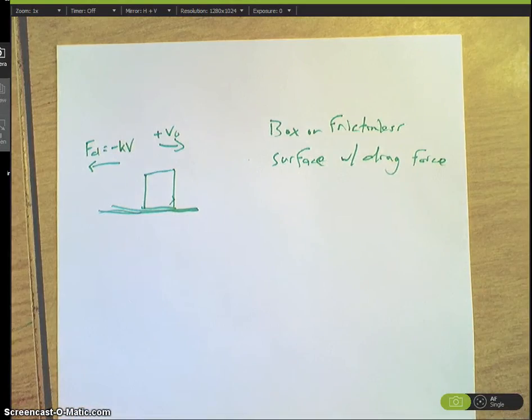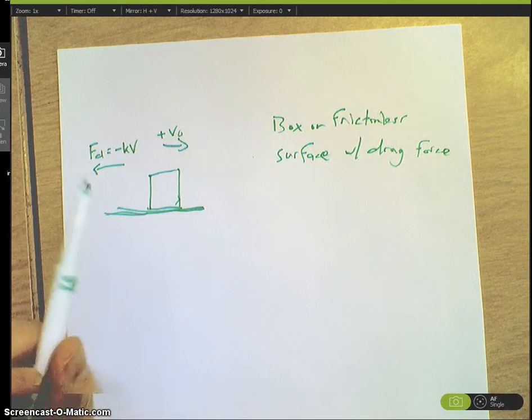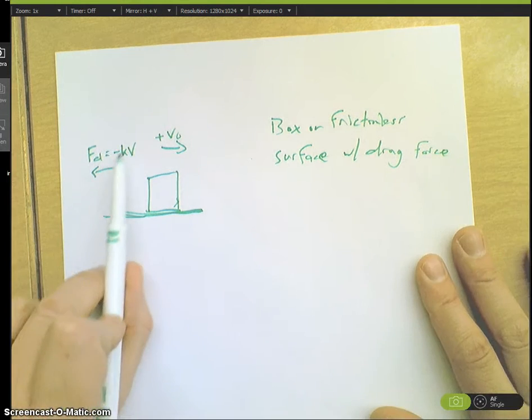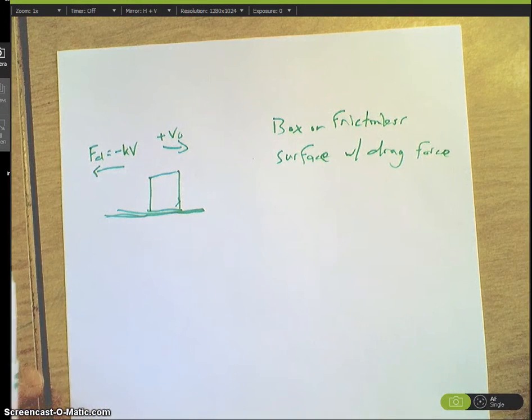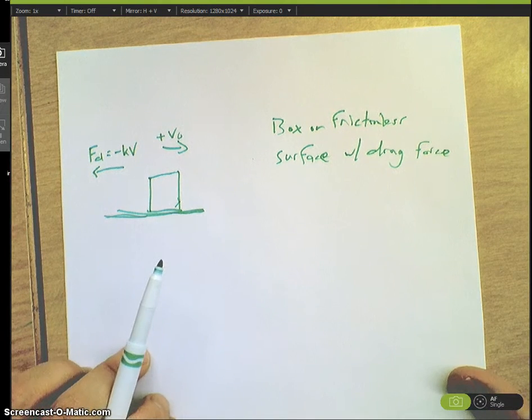How do we analyze this problem? Where do we start? Stay mentally flexible. Sometimes the AP exam has done minus B, sometimes minus K. Just know that they put in some constant instead of all that other messy stuff. So how do we analyze this? We're dealing with forces.